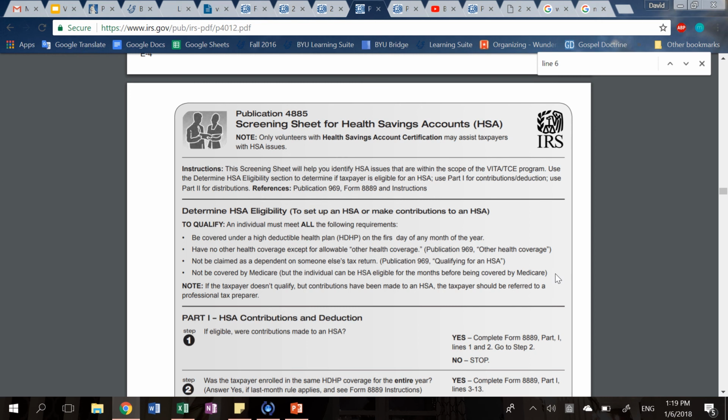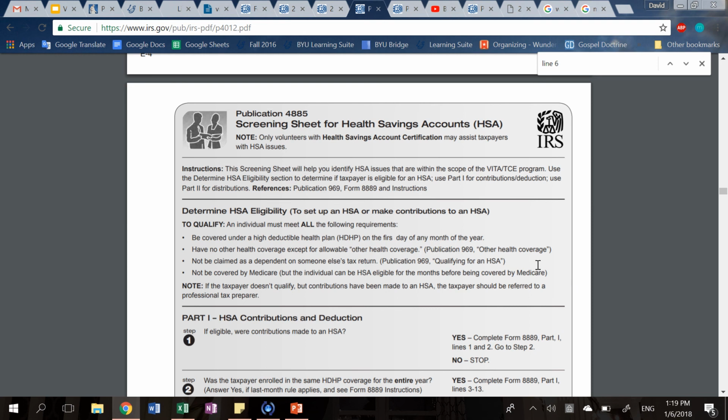But say that somebody becomes eligible on February 15th, they're not eligible on the first day of February, so the HSA contributions they make in February will not be tax deductible. They would essentially become eligible on March 1st. I hope that's not confusing.